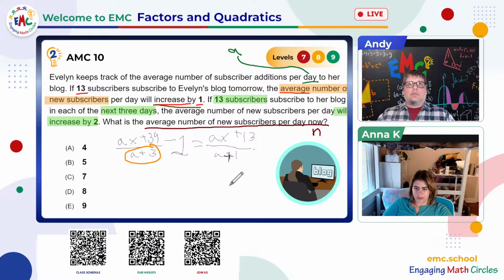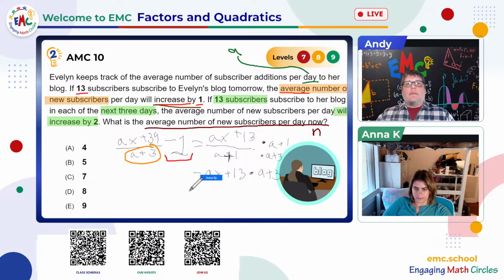Multiply this by both A plus 1 and A plus 3. Really, that only multiplies the top by A plus 3.